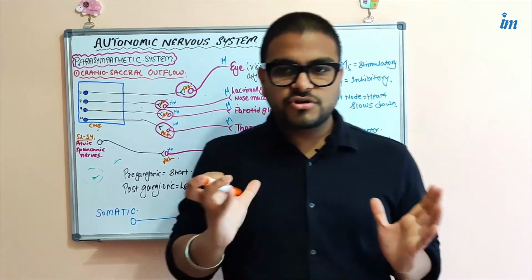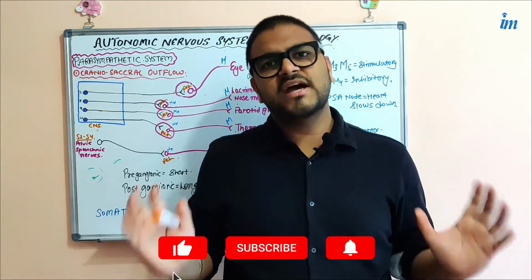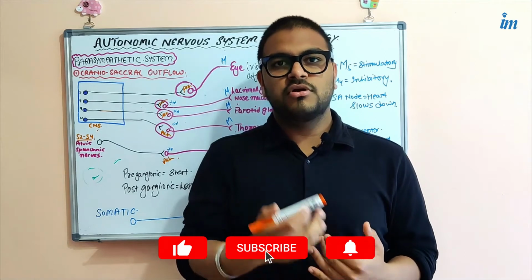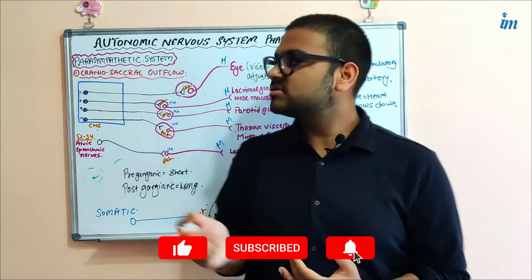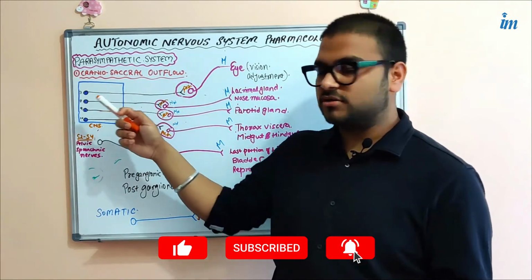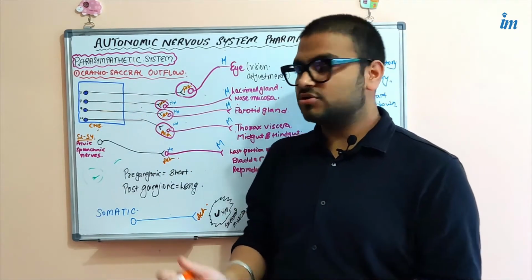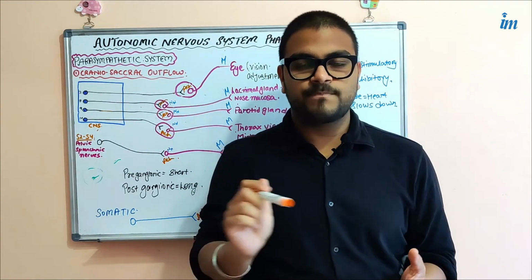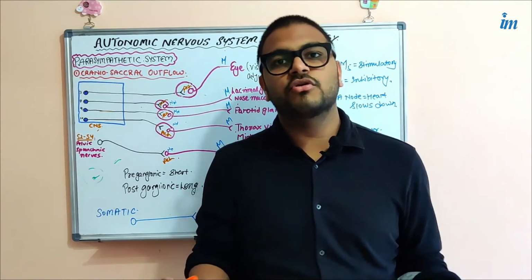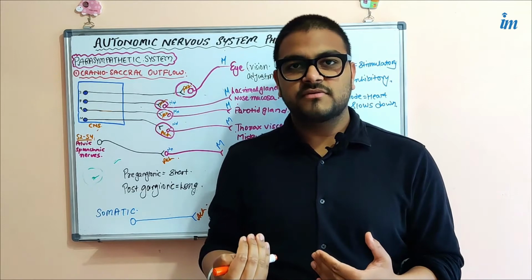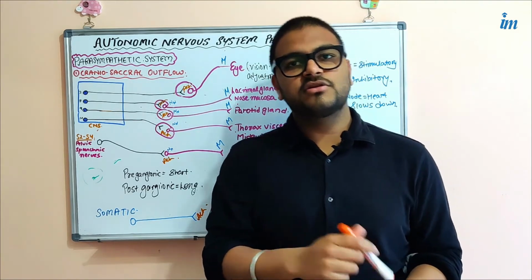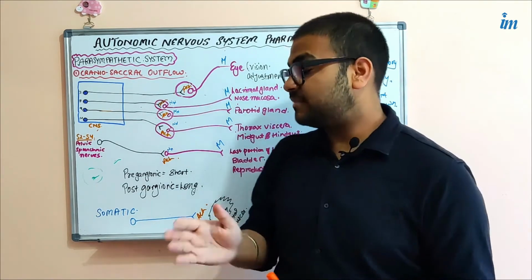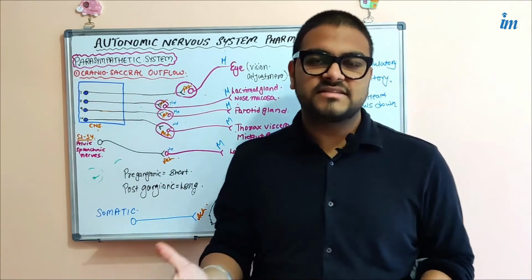The other fact you should remember is that all the preganglionic neurons coming out from the central nervous system, whether sympathetic preganglionic or parasympathetic preganglionic, are going to secrete acetylcholine.